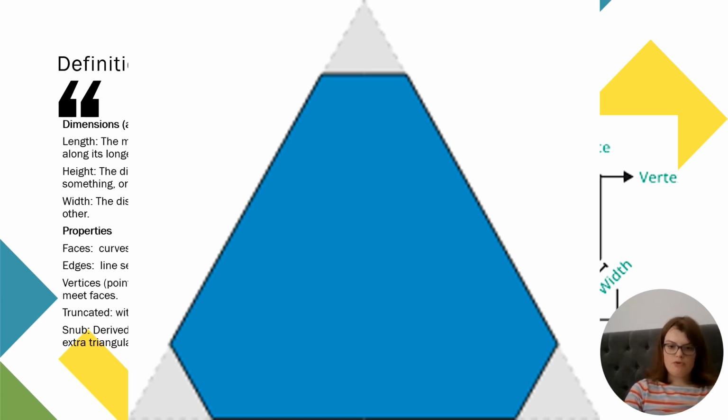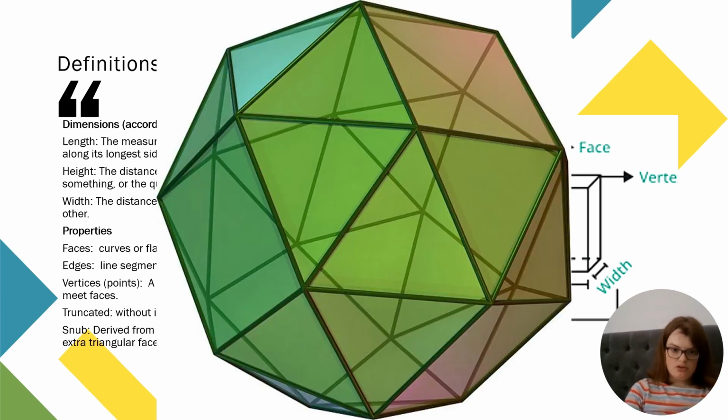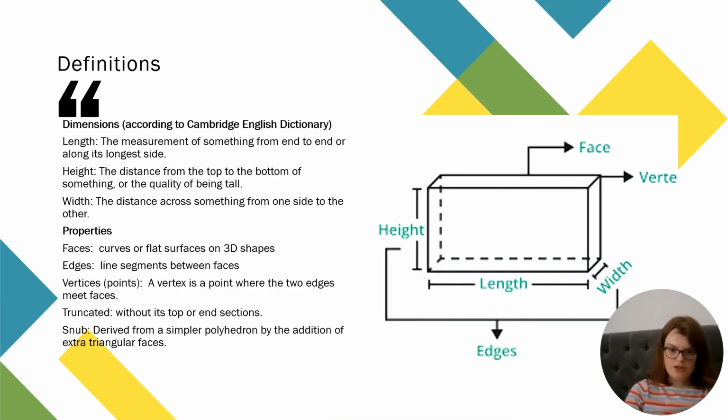So for example, you might have a triangle but it's missing its vertices, or the corners. And then you've also got a snub cube, for example, which is derived from a simpler polyhedron by the addition of extra triangular faces.